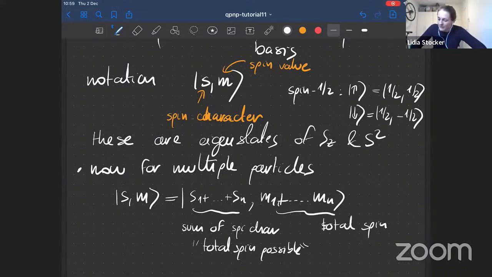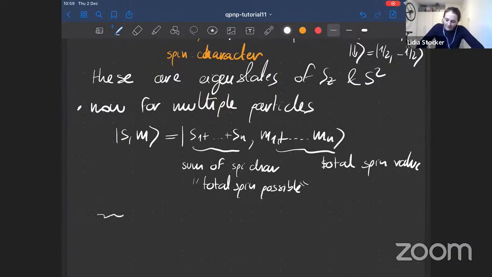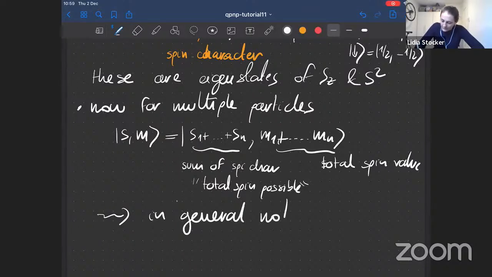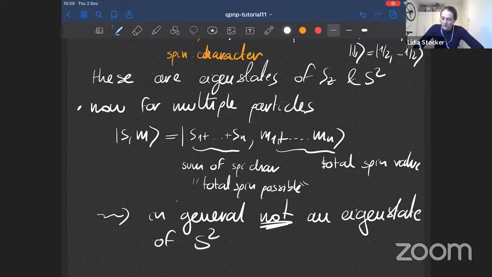If we have multiple particles, each particle has a spin value, we combine all of the spins and we get the total spin. But this is not, in general, an eigenstate of the S2 operator.